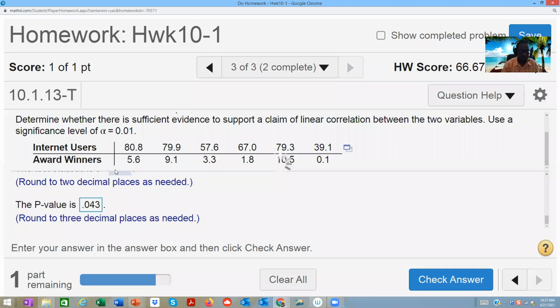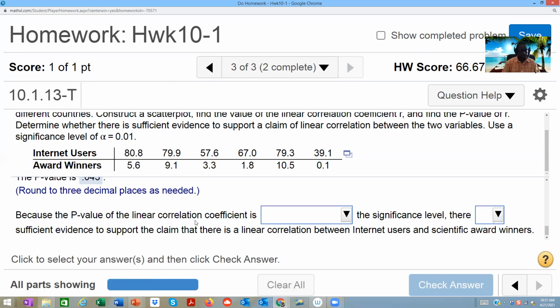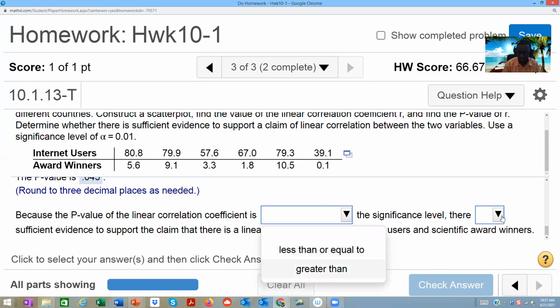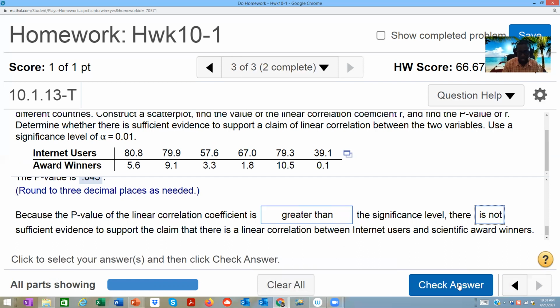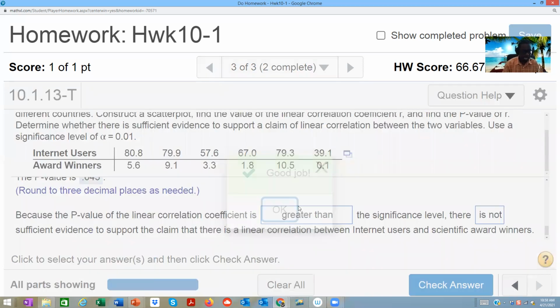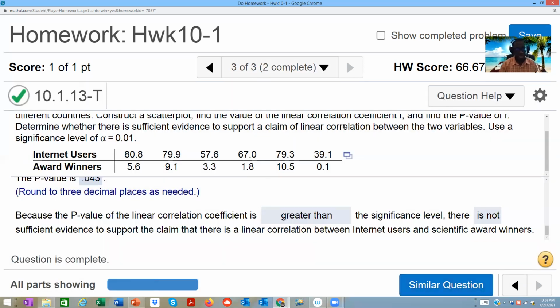Now, our alpha is 1%, and the p-value is 4.3%. So it is actually greater, so there is not sufficient evidence. And if you check, that is the answer. Okay, so those are the two examples I wanted to do. All right, so that is it for that.